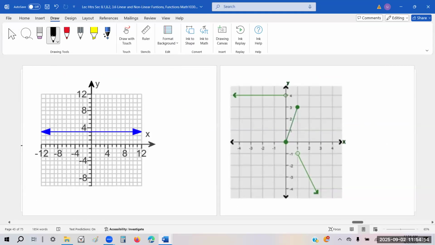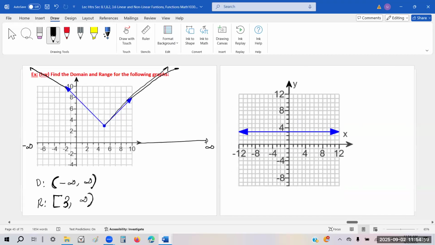Okay, one more. Let's do it this way. Domain is what? X. So what is your smallest x value? Negative 30. What is your largest x value?